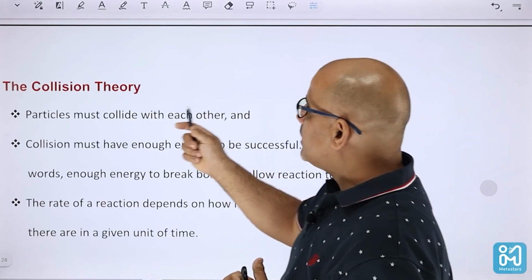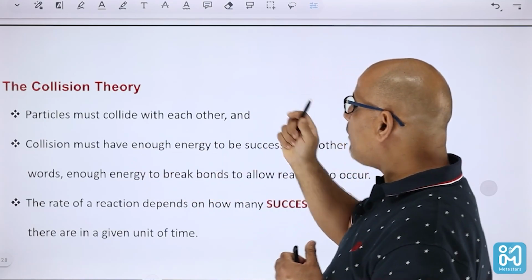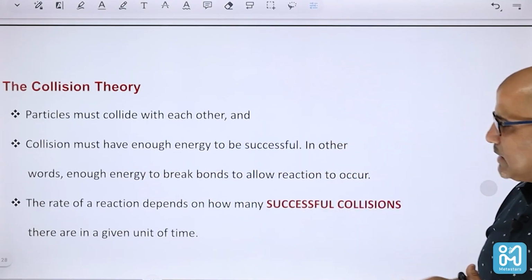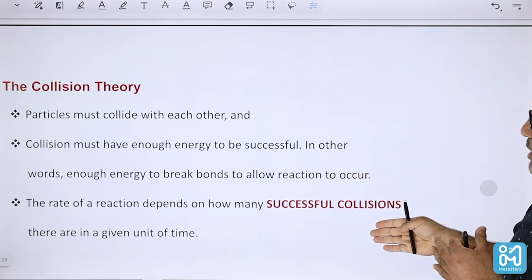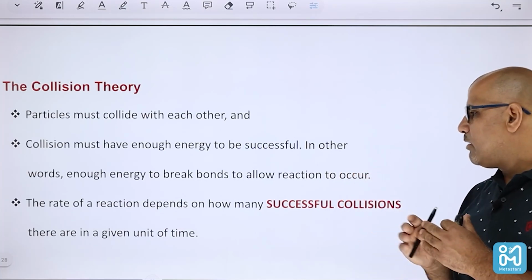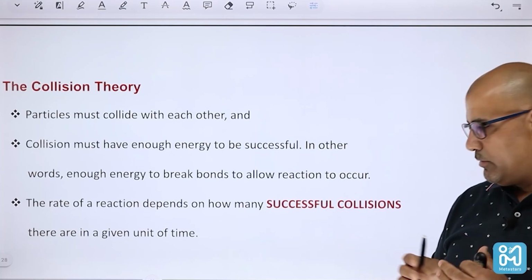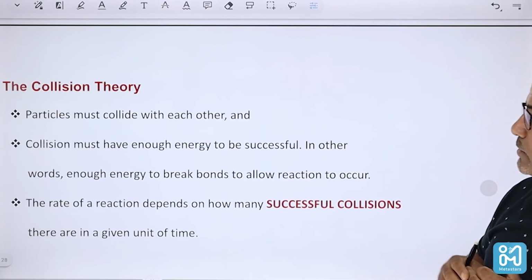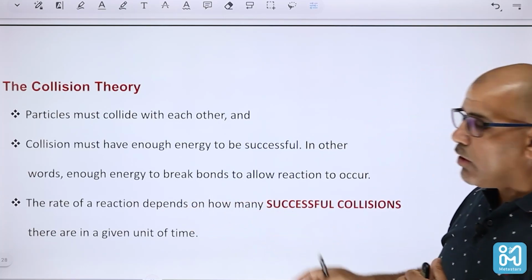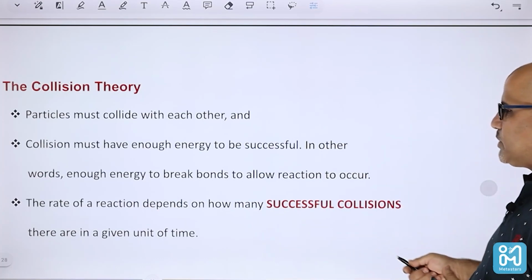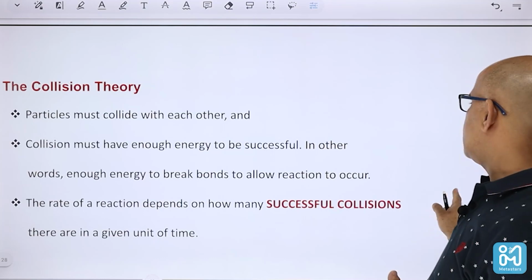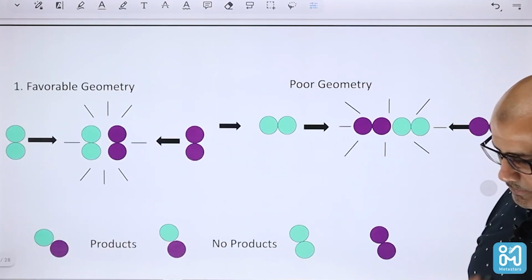No, the collisions must have enough energy to be successful. In other words, they have enough energy to break the bonds and allow the reaction to occur. The rate of the reaction depends on how many successful collisions there are in a given unit of time.